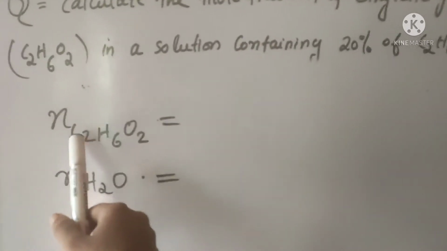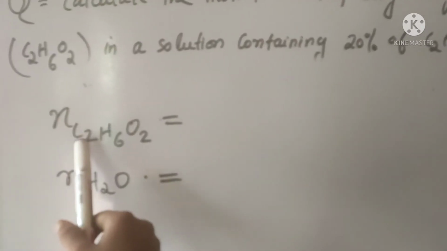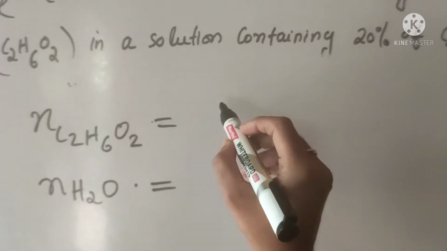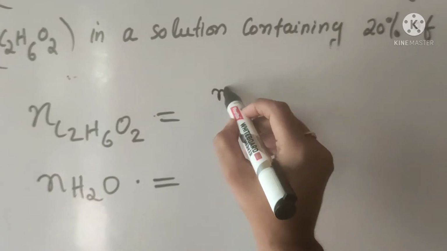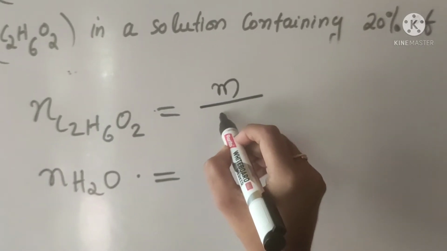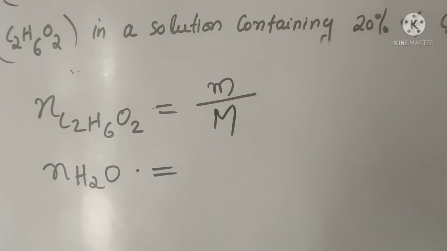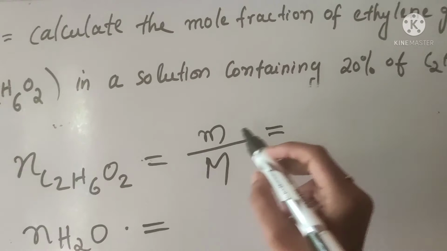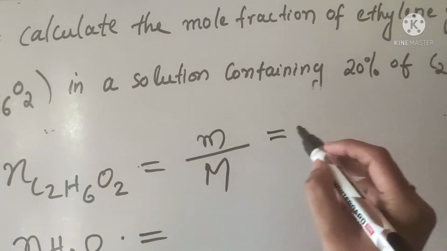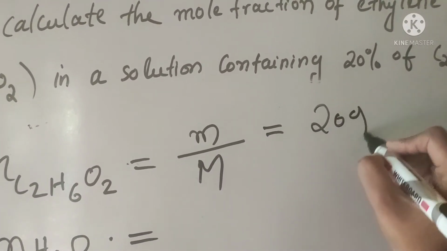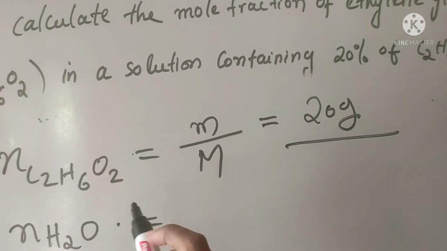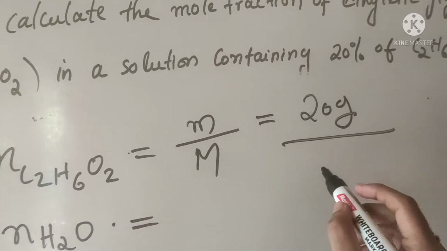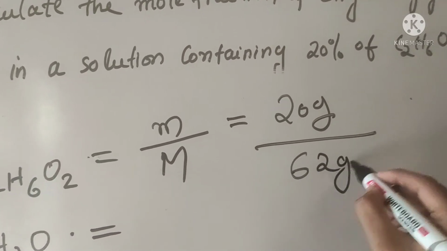Next we have to calculate the number of moles of ethylene glycol and the number of moles of water. We calculate the number of moles of a component by using the equation, mass divided by molar mass. The mass of ethylene glycol is 20 gram divided by the molar mass of ethylene glycol, 62 gram per mole.